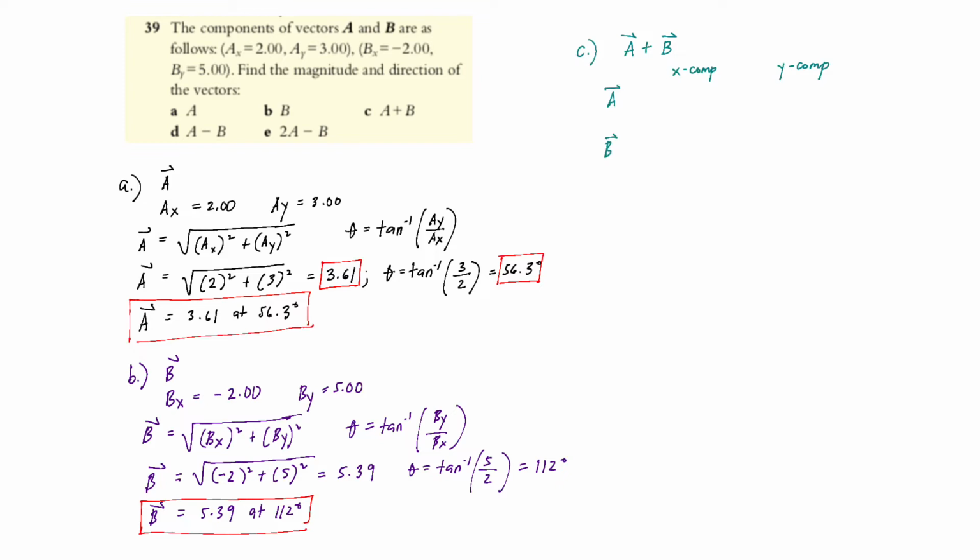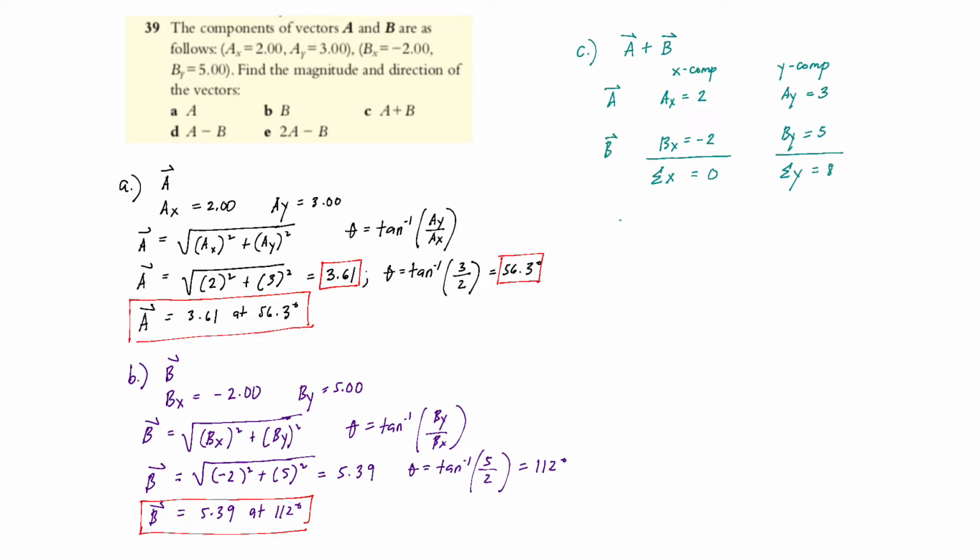It is already given that ax is equal to 2 and ay is equal to 3, and bx is equal to negative 2 and by is equal to 5. So again, let's try to do it. What is the summation of x? That would be 0, and the summation of y would be 8.